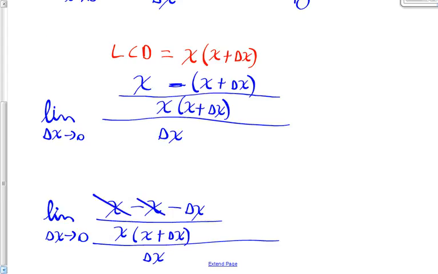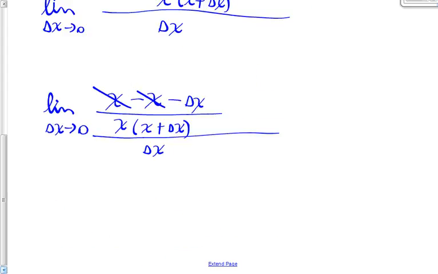Those cancel out. Also, this fraction here is delta x over 1. So I have a fraction here on top divided by this fraction, delta x over 1. I'm going to take this fraction here, delta x over 1, flip it, and multiply. So I'm going to get this, the limit as delta x approaches 0.